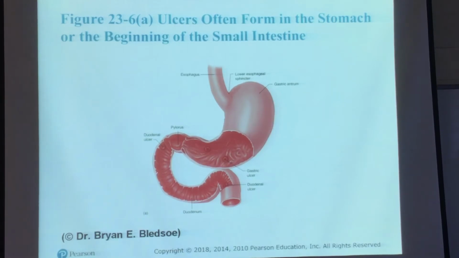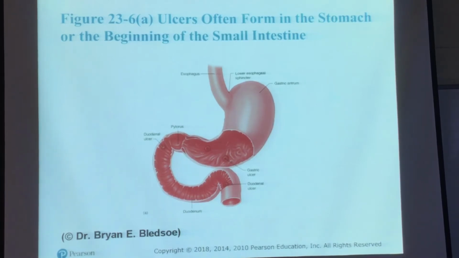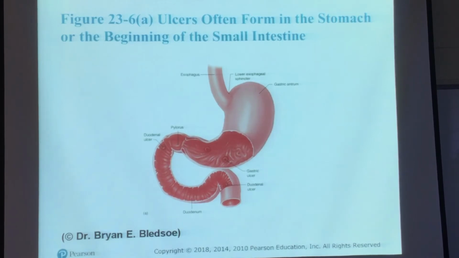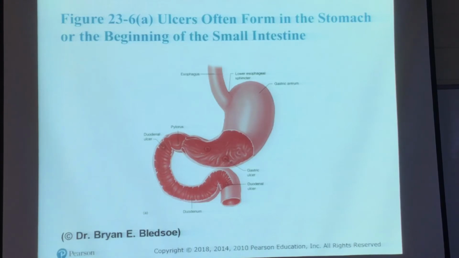When we have somebody that has a lower GI bleed somewhere way down in the duodenum, including the colon itself, we'll have more red blood streaked stool or just red blood per rectum because it's just leaking through and it's not being digested by the high acidic content of the stomach.